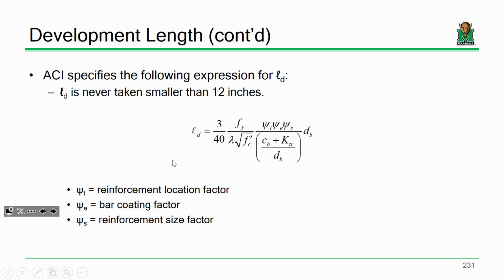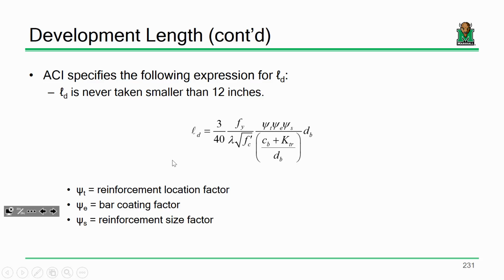So we have our material parameters, our Fy, our f'c, our lambda factors. We have our adjustment factors, psi sub t, psi sub e, psi sub s, based on different facets related to the reinforcement. Do they have epoxy coating?